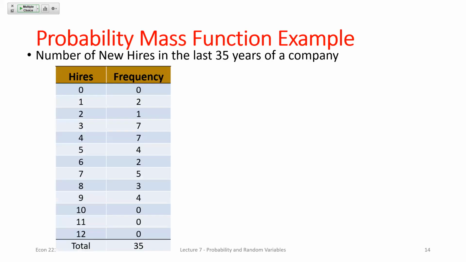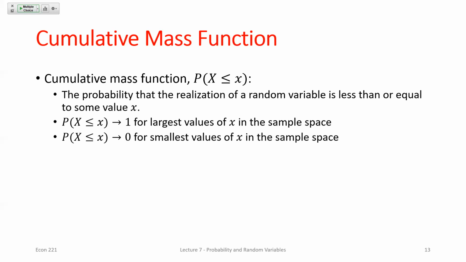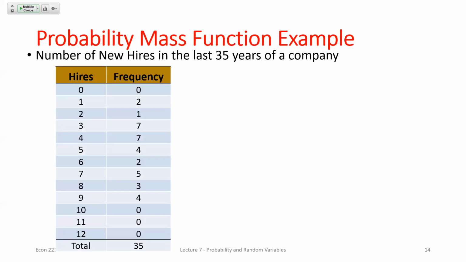So not anything wildly new. What I could do is take some existing data, and think about if I didn't have a specific function but was just given the probabilities. Here I've got the number of new hires that a company had in the last 35 years. This is an interesting company, right? There was never a year in which they had 0 hires.